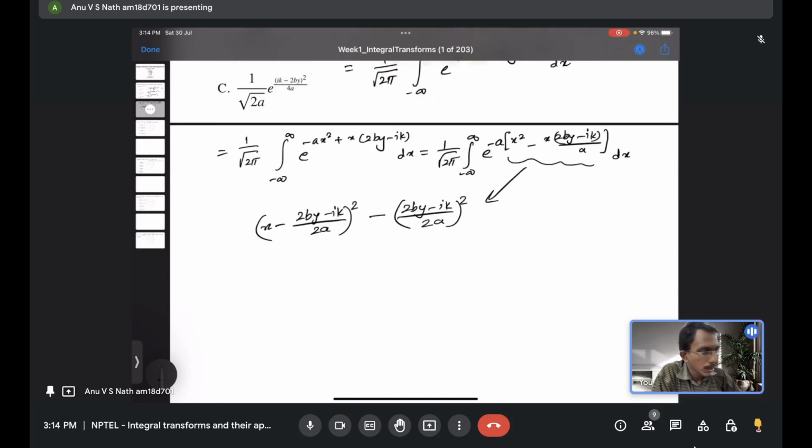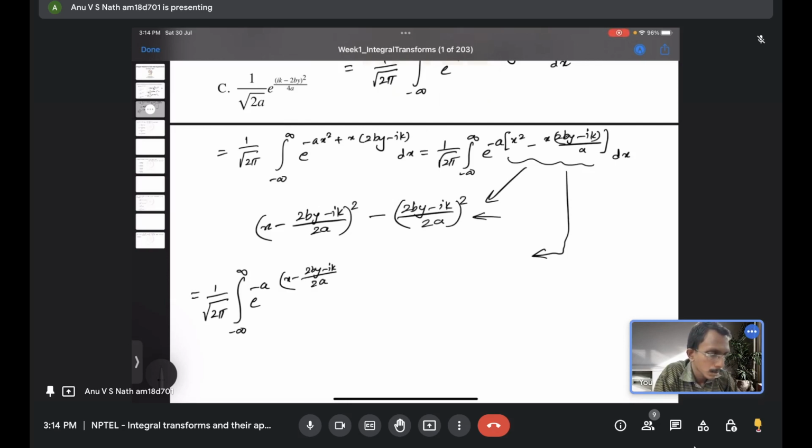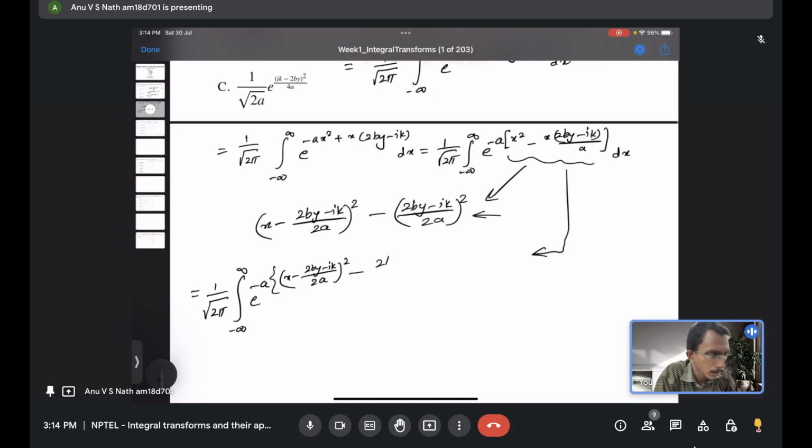So now if we continue this integral, what we are going to get is 1 by square root of 2 pi, minus infinity to plus infinity, exponential of minus a. Now whatever is inside the square bracket I can write like here I have pointed, which is x minus 2by minus ik by 2a, the whole square, minus 2by minus ik by 2a, the whole square, dx.